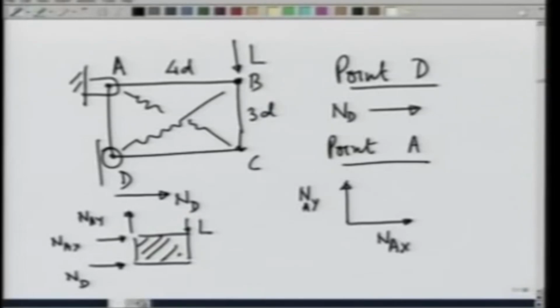Since there are only three external forces ND, NAX and NAY, these can be determined very easily. It is a two-dimensional problem. So, let me make it again. There is a load L, ND, NAX, NAY.